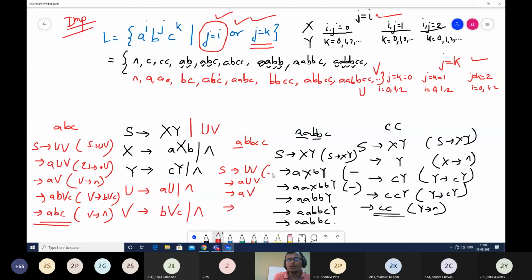You write the production rules over here, whatever are getting applied. Then for V, I'll take BVC once, one B and C I have got. Then again I'll take BVC, 2B and 2C I have got. Then I'll make V null. So I get the string ABBCC. Is it clear?